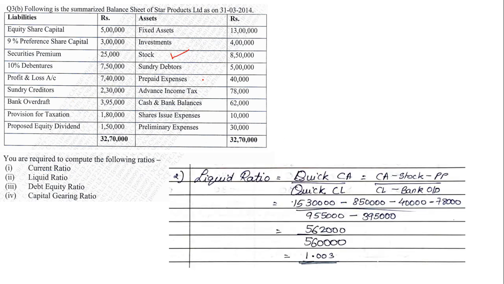So we have stock, prepaid expenses, and advance income tax. That's also a prepaid amount which has been paid, upon current liability, which we have already found, minus bank overdraft, which is 3,95,000. We got 5,62,000 divided by 5,60,000. We divided, we got 1.003 approximately. Okay, so that was the second ratio. You can note it down.